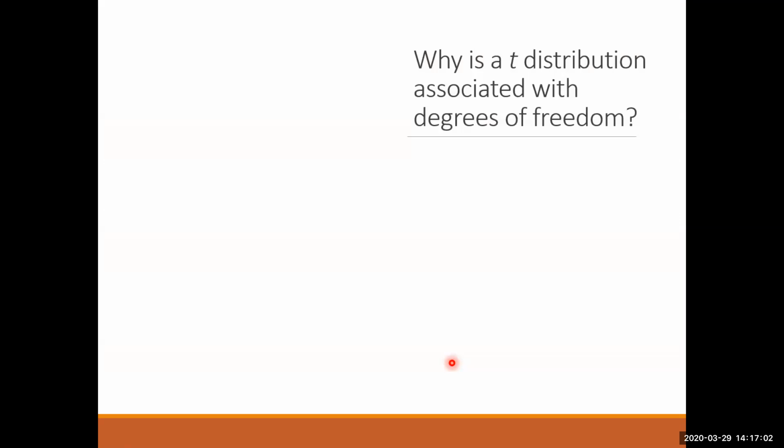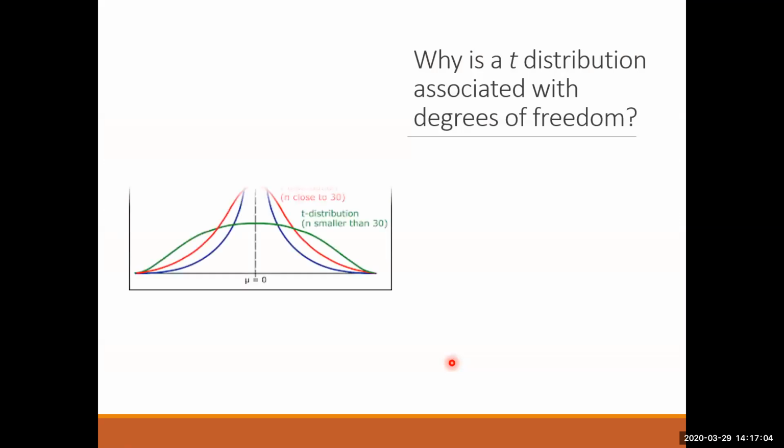Why is a t-distribution associated with degrees of freedom? All right. If you remember, the degrees of freedom are the scores that are free to vary. When we have scores that are free to vary, there's always going to be one score that is not, because there's a fixed sum of scores.